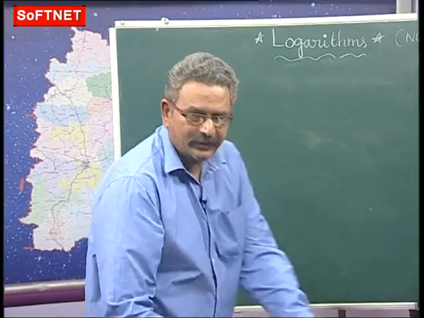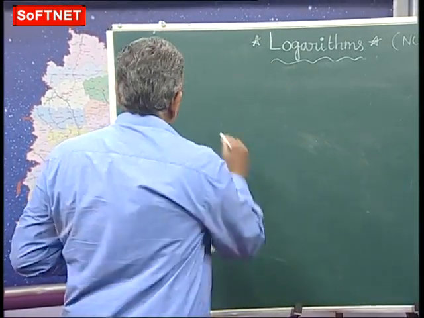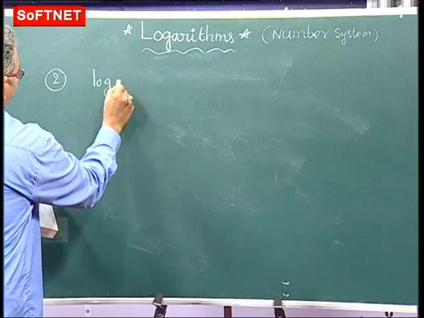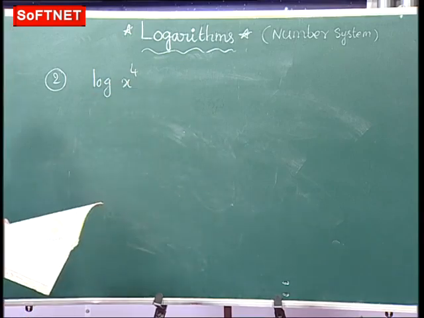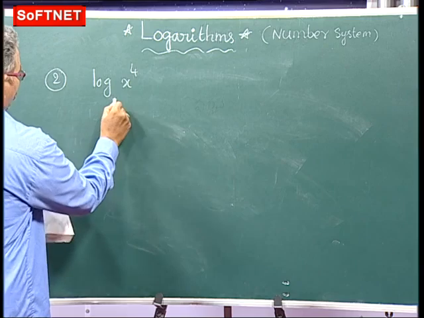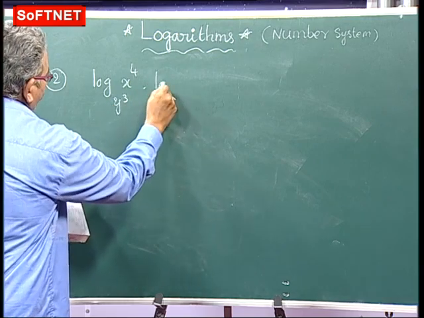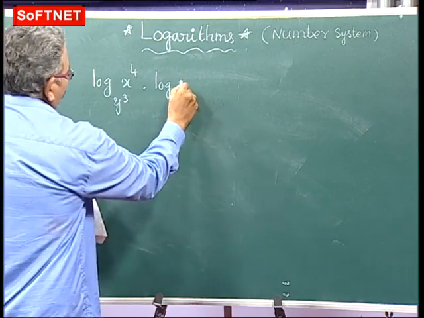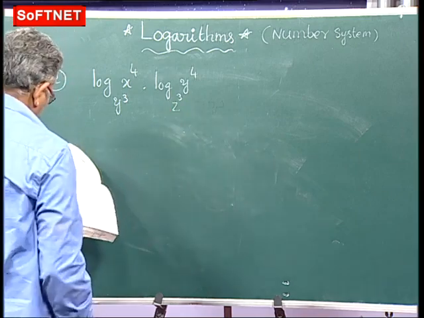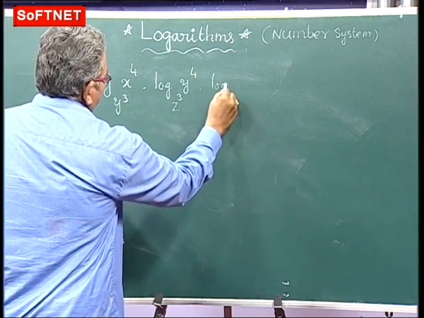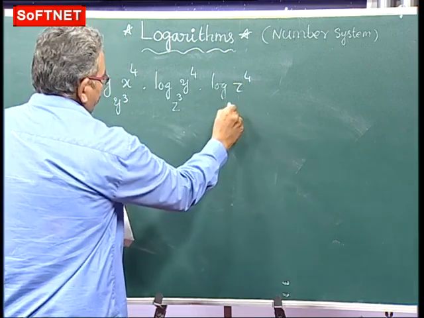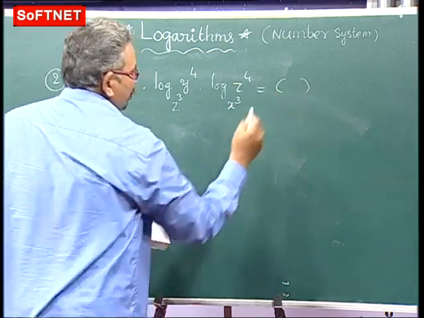Let us move to the second question. Log x to the power of 4 base y cube, multiplied by log y power 4 base z cube, multiplied by log z power 4 to the base x cube equals to.